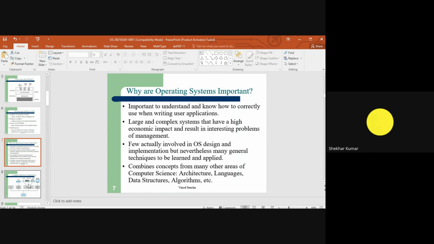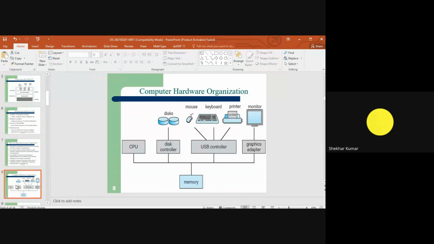So operating systems, as we discussed earlier, are very important in every aspect of your machines, to properly operate the machine and for a proper graphical user interface for the user. There is a requirement of your operating system.